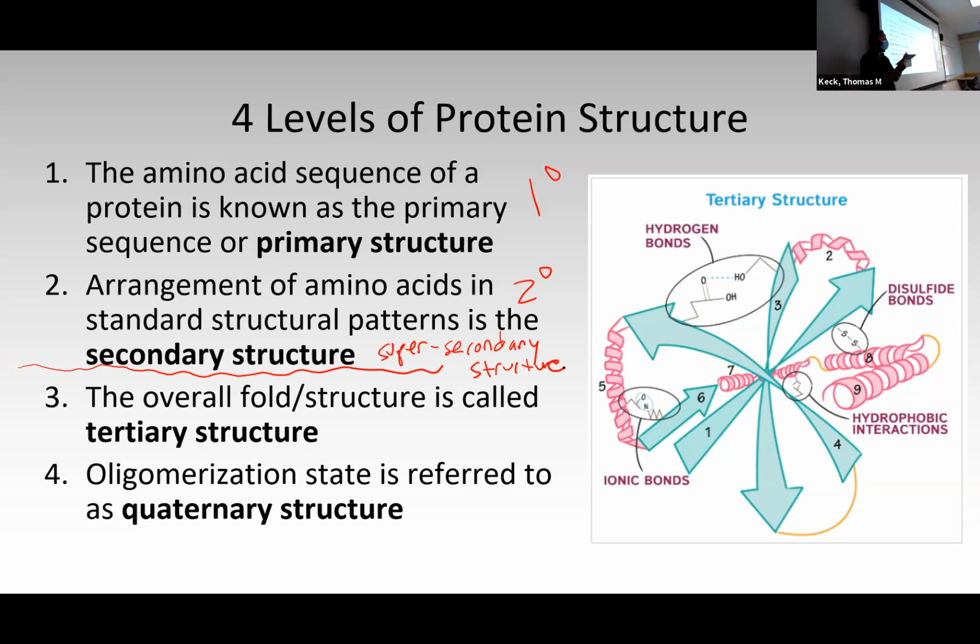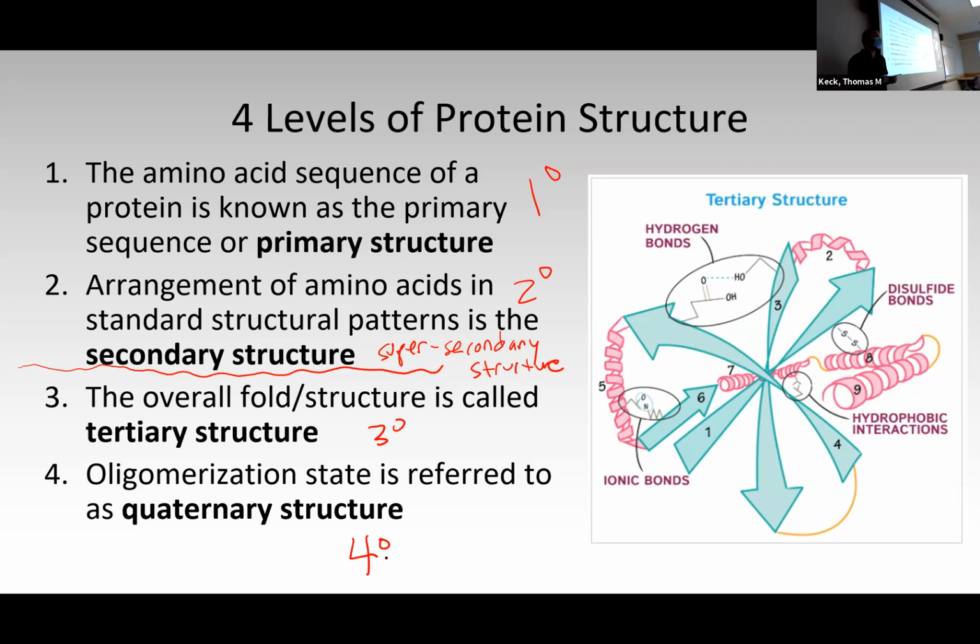And then the overall fold of the entire protein, so the 3-dimensional arrangement of all secondary structures, is the tertiary structure. So the tertiary structure is a single full protein completely folded. If that protein doesn't work all by itself, maybe it has other protein partners, then it can have what is known as a quaternary structure.